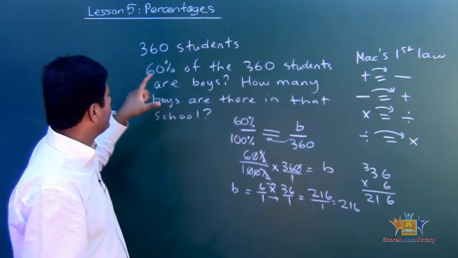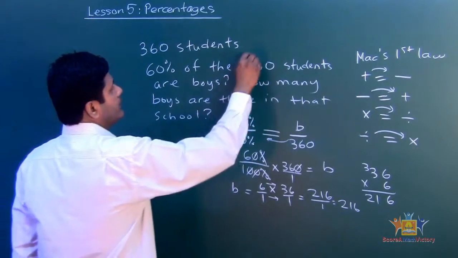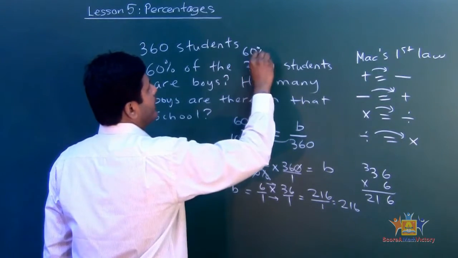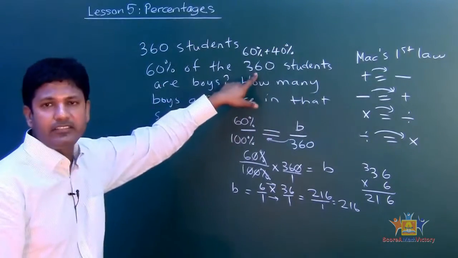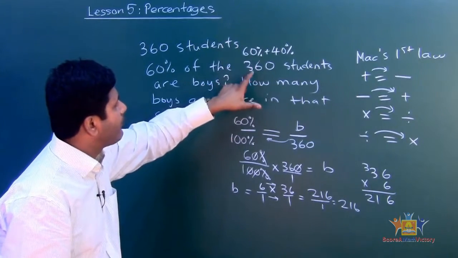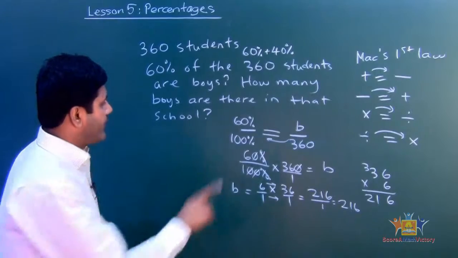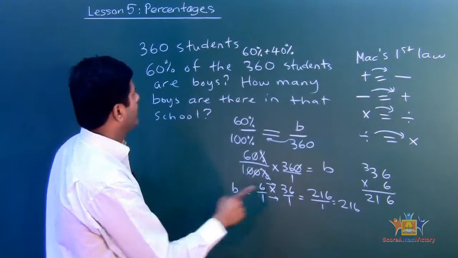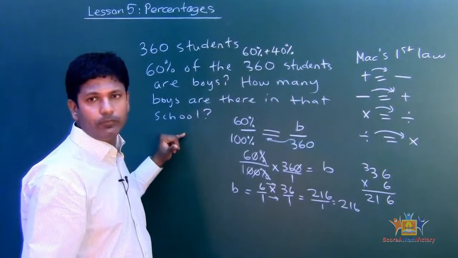But we want to find out the 60% out of the 360. So in other words, 60% plus 40% is what 360 makes. I want to find out what portion of the 360 the 60% makes. That's why we use this to find it. Are boys. How many boys are there in that school?